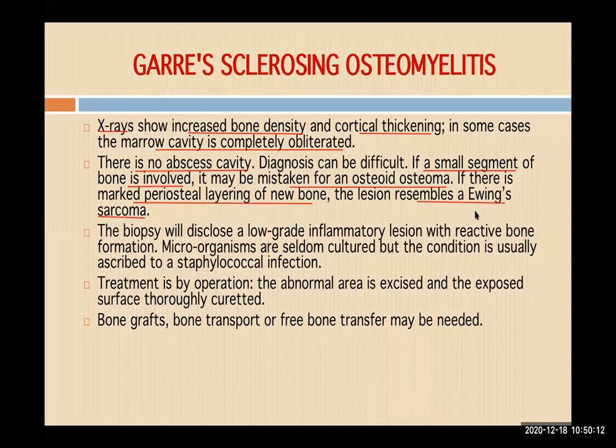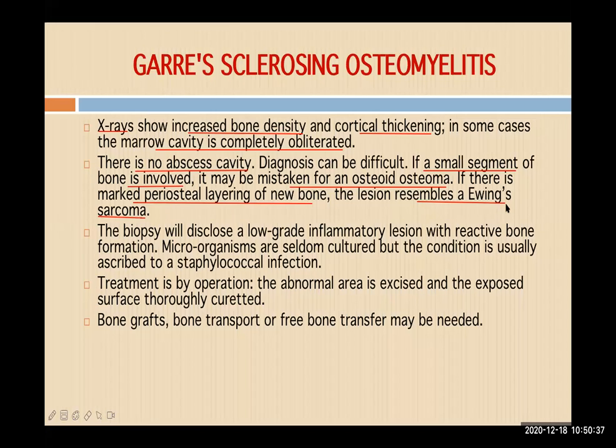Ewing sarcoma is an important type of malignant bone tumor. The hallmark of Ewing sarcoma is small blue round cells, and it looks like there is an onion peel-like appearance because of the marked periosteal layering of new bone. So this is why it is confused with Ewing sarcoma.